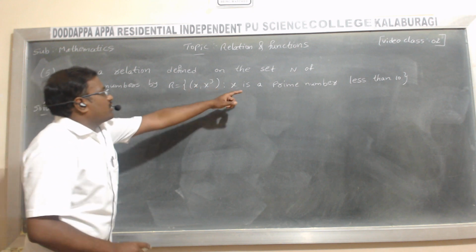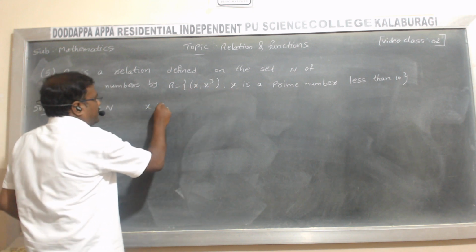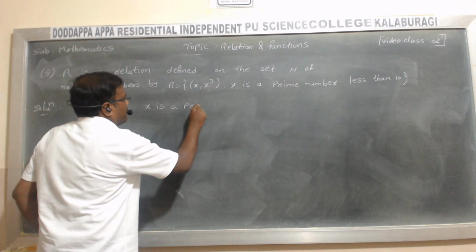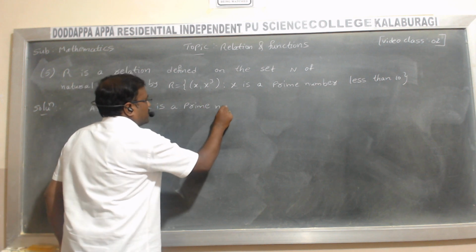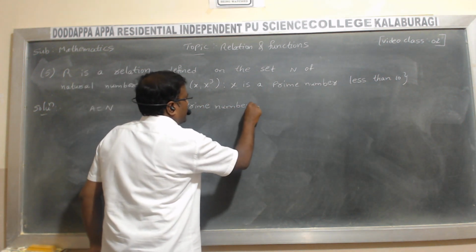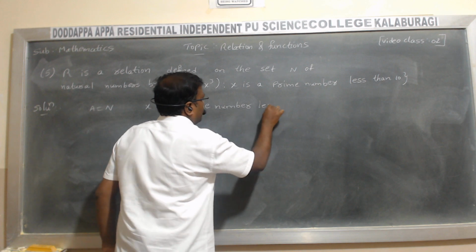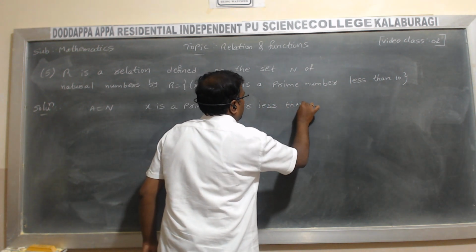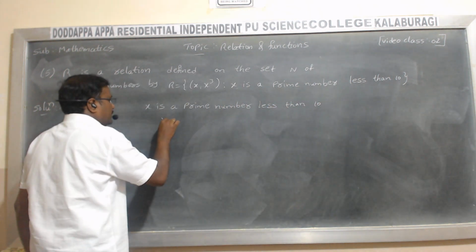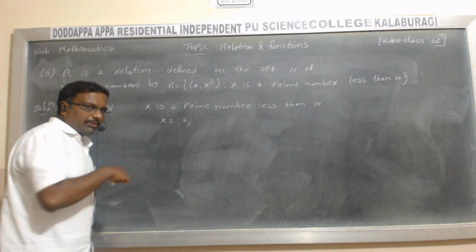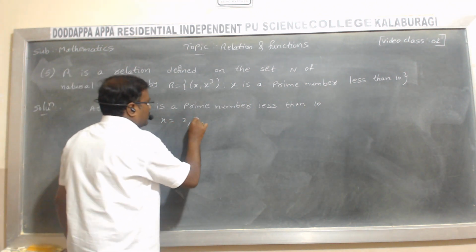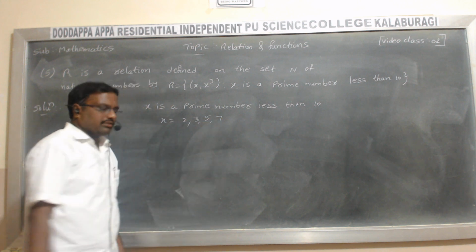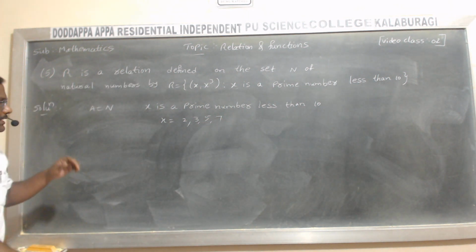And what is the other condition given? x is a prime number less than 10. So what values will come? x is equal to 2, 3, 5, 7.